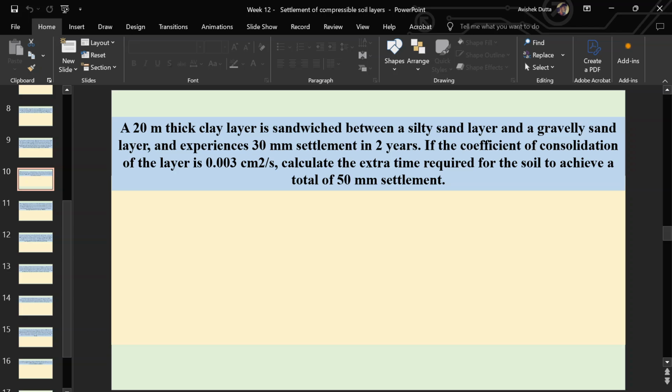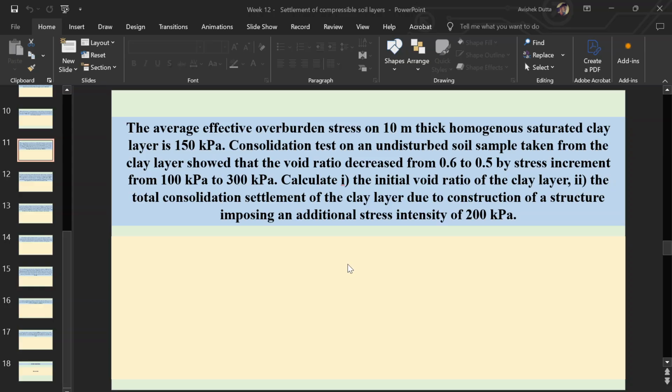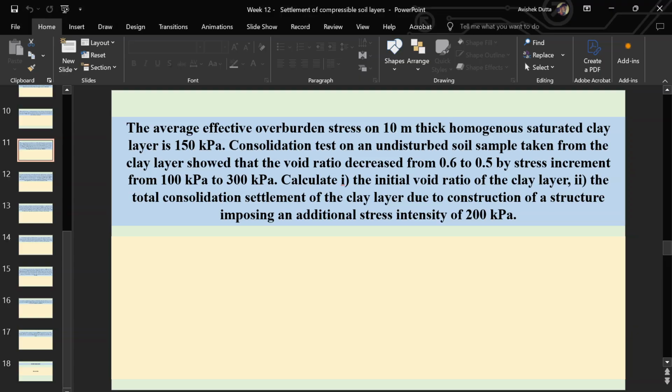Okay. Next question. The average effective overburden stress on a 10-meter thick homogeneous saturated clay layer is 150 kilopascal.